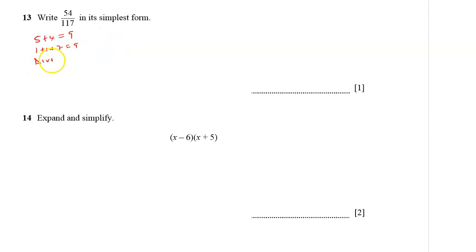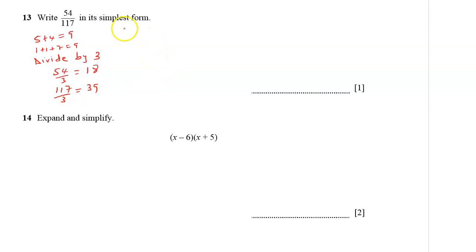So divide by 3 because 9 is divisible by 3. So 54 divided by 3 gives us 18, and 117 divided by 3 will give us 39.